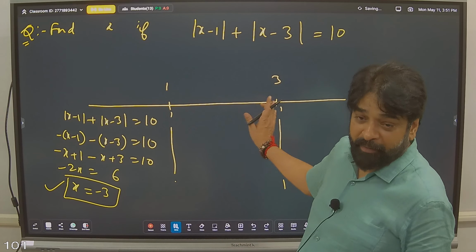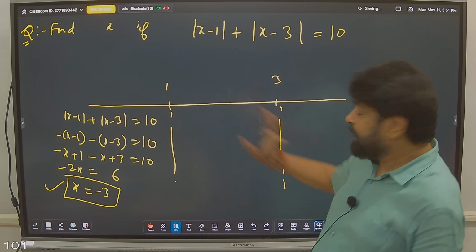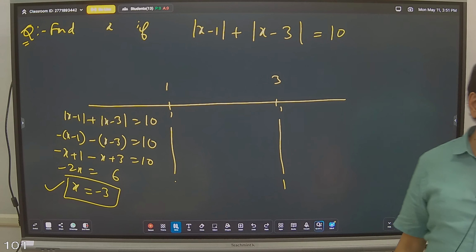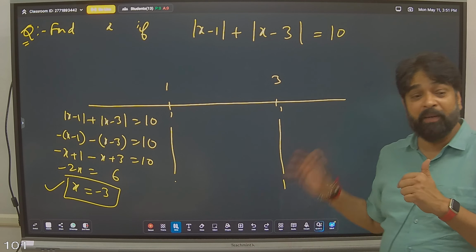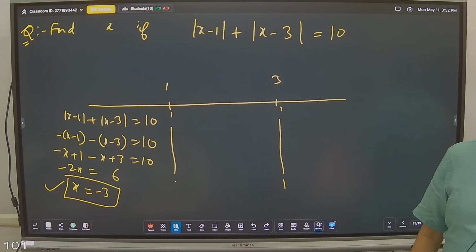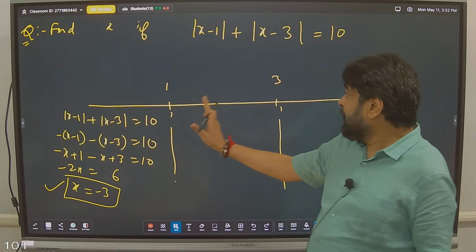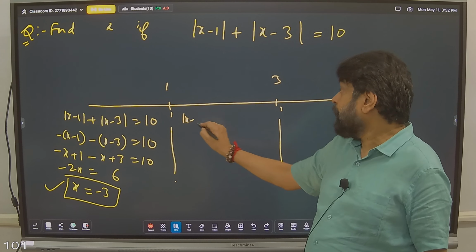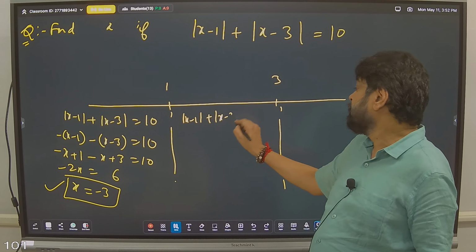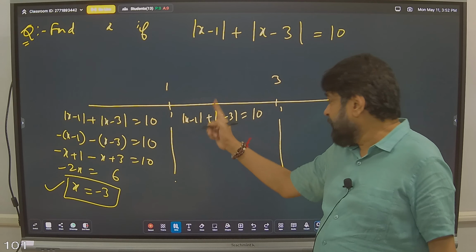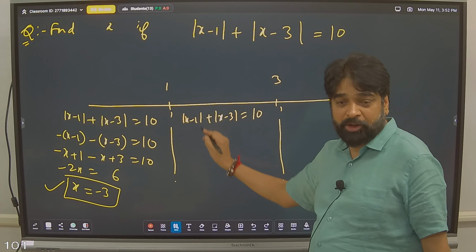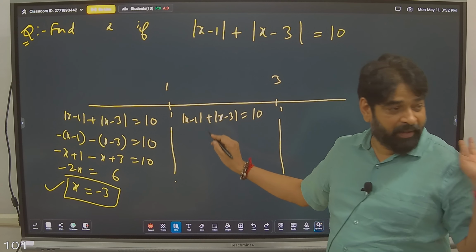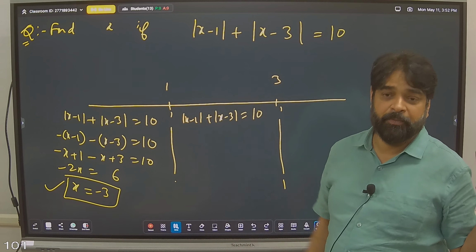Now coming between this area. What does this area say? This area says x is bigger than 1 but lesser than 3. Yes or no? If it's bigger than 1, this quantity will be positive. So mod directly removed.